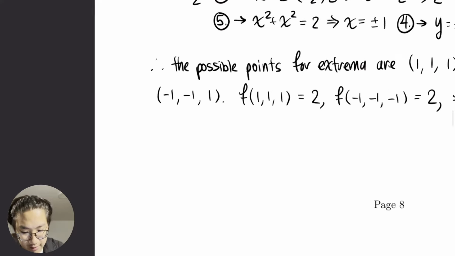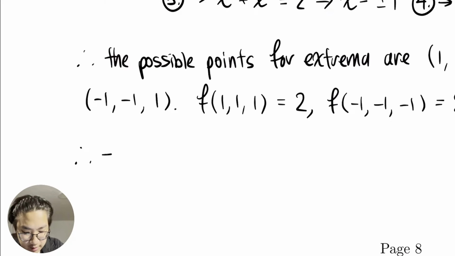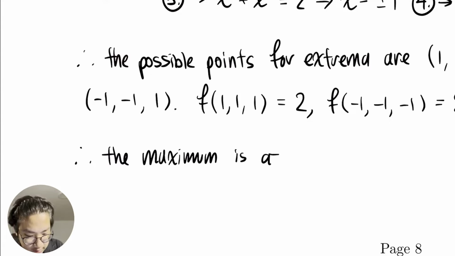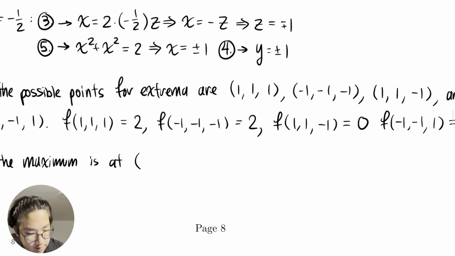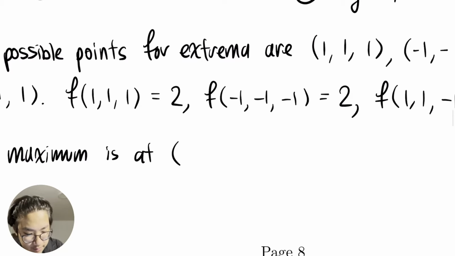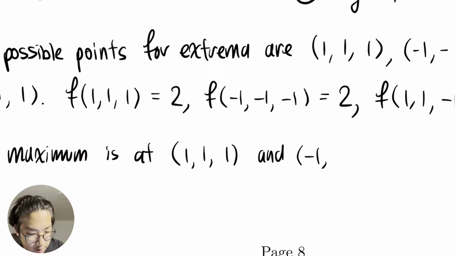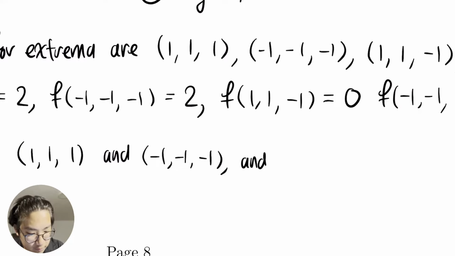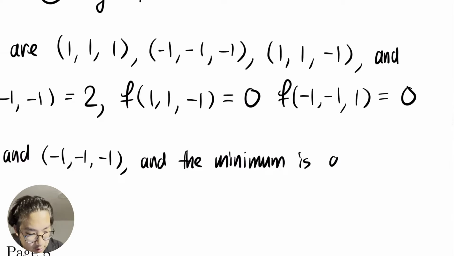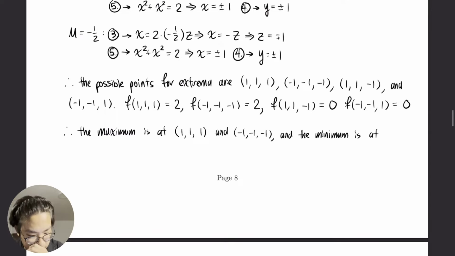So from here, we can then finally conclude that the maximum is at, what do we claim here? 1, 1, 1 and -1, -1, -1. And the minimum is at, and we'll write the following 2 points down here.